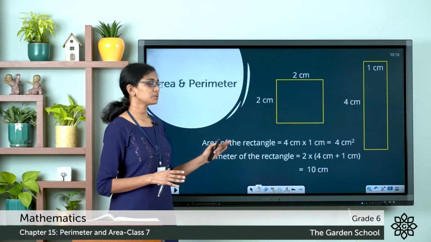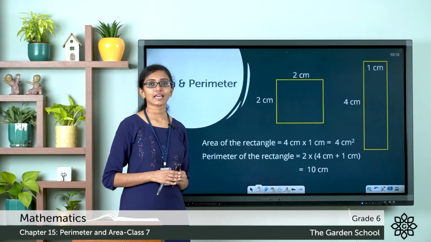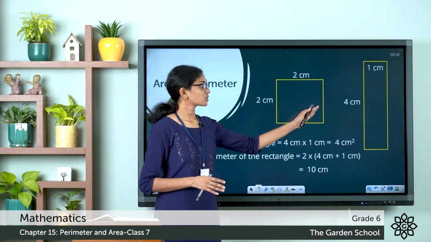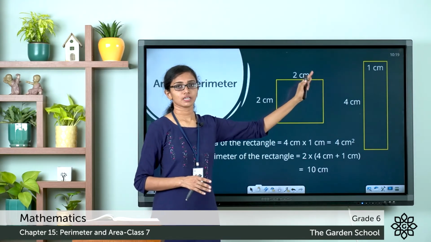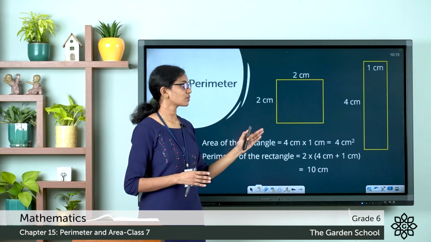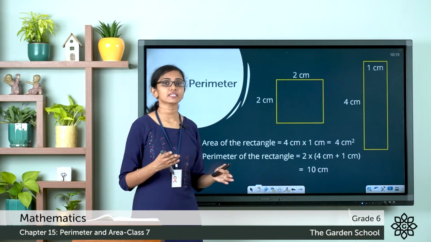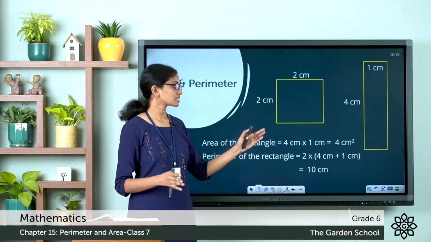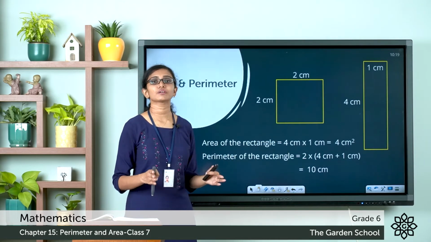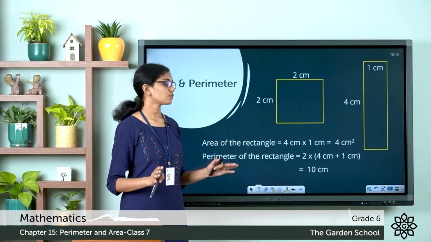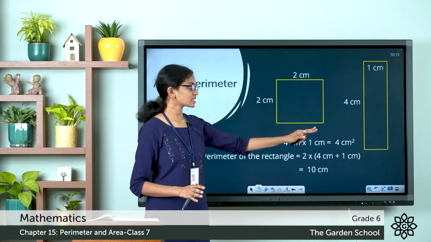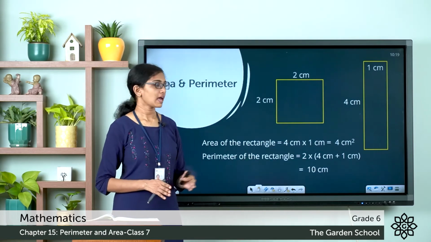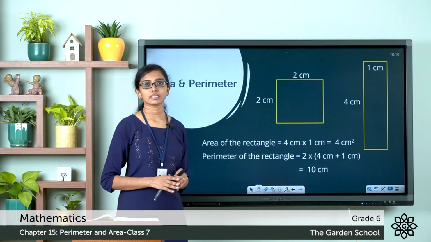Now, the perimeter will be 2 times the sum of its length and breadth. Length is 4 cm, breadth is 1 cm. The sum of the length and breadth is equal to 4 plus 1, which is 5 cm. 2 times the sum is 2 into 5, which is equal to 10 cm. Hence, for the rectangle, the area is equal to 4 cm square and the perimeter is equal to 10 cm.